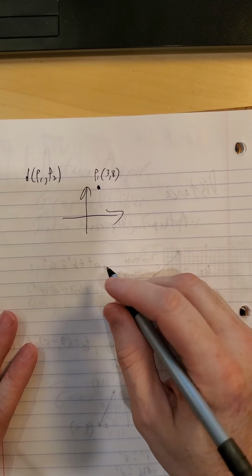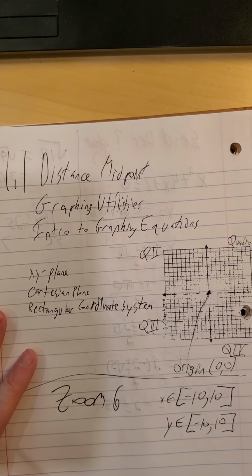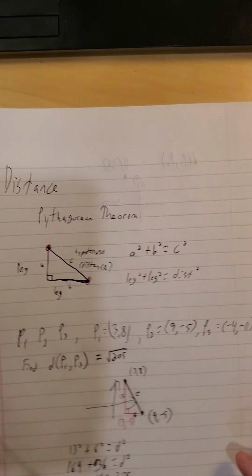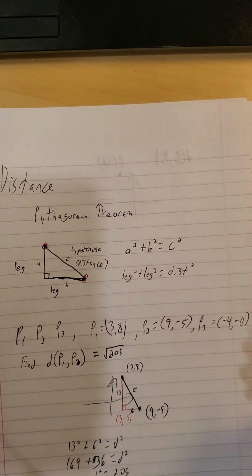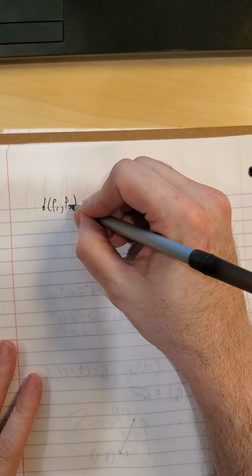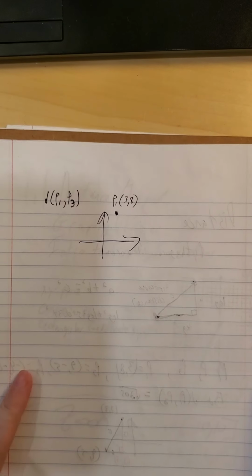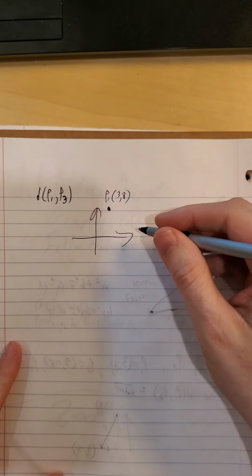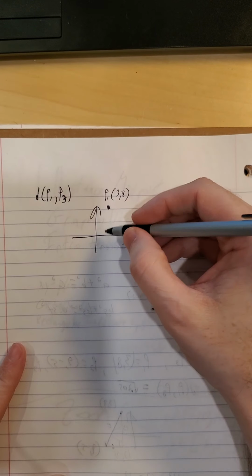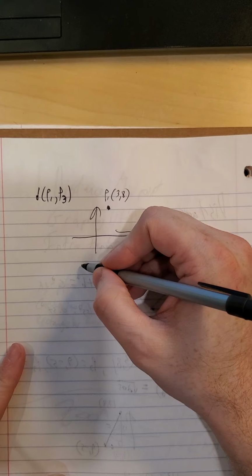Point 2, we just did, my apologies, that was point 2 that we just did. So point 1 and point 3 is what we'll work on now. So point 3 is at -4, -11. So over here in Q3.